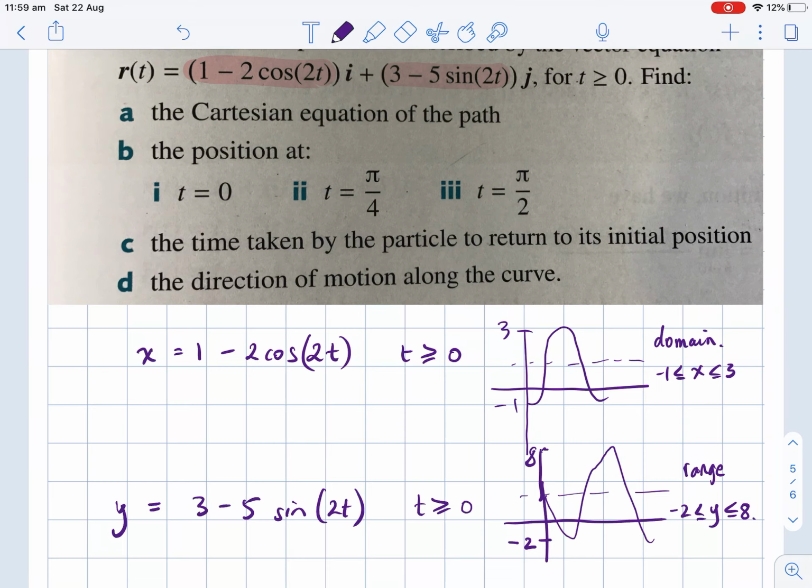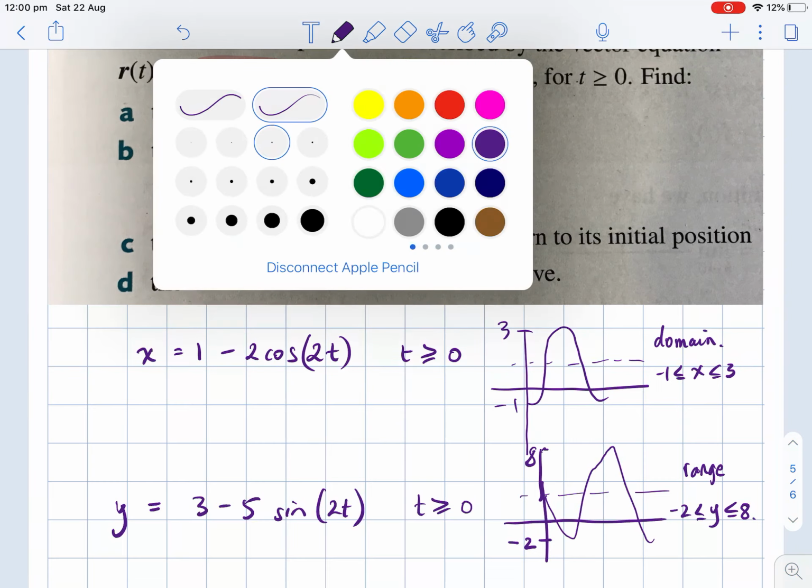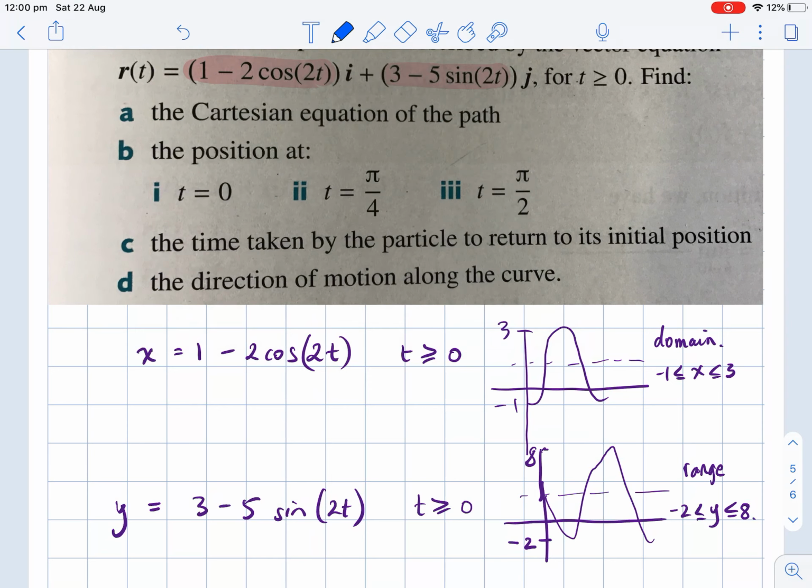Okay, so let's actually work out what this Cartesian equation is. And because this uses trig functions, the trick here is I'm going to rearrange this, and I'm going to make it x minus 1 equals negative 2 cos 2t. I'm going to divide both sides by 2.